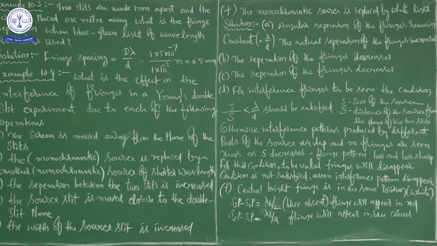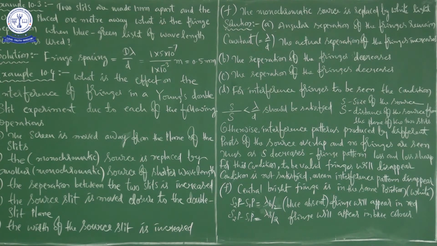So while answering D, when the source slit is moved closer to the double slit plane, we have a condition: small s by capital S is less than lambda by d. This condition must be satisfied to get an interference pattern on the screen.